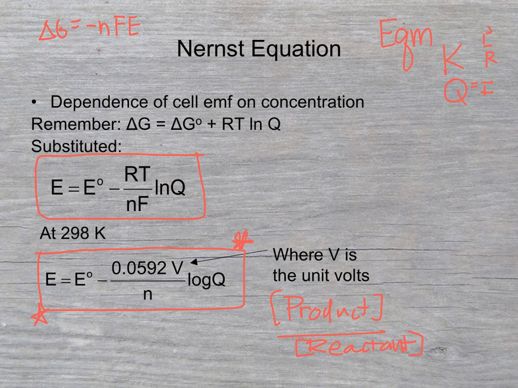And if you have a coefficient, you raise it to the power of the coefficient. So if there were two H2, you have to square the H2 concentration. Lots of things to remember here. Not terribly challenging, but you just need to dig back into your recollection of equilibrium in order to use this equation correctly.